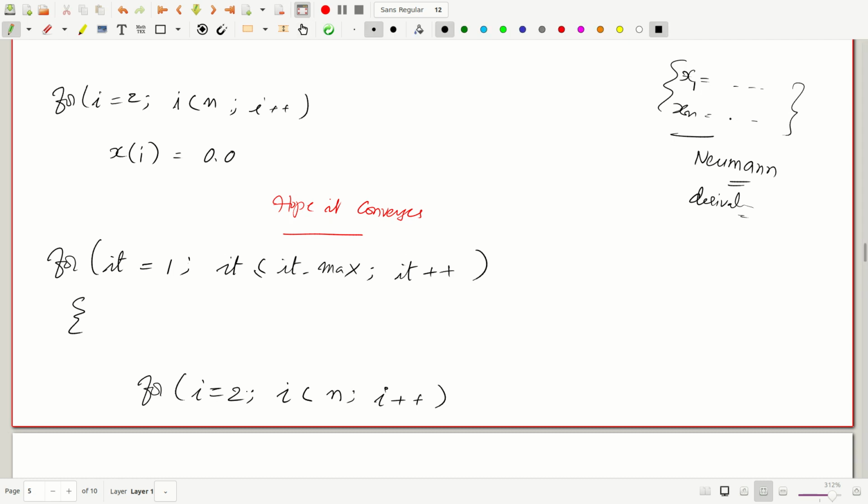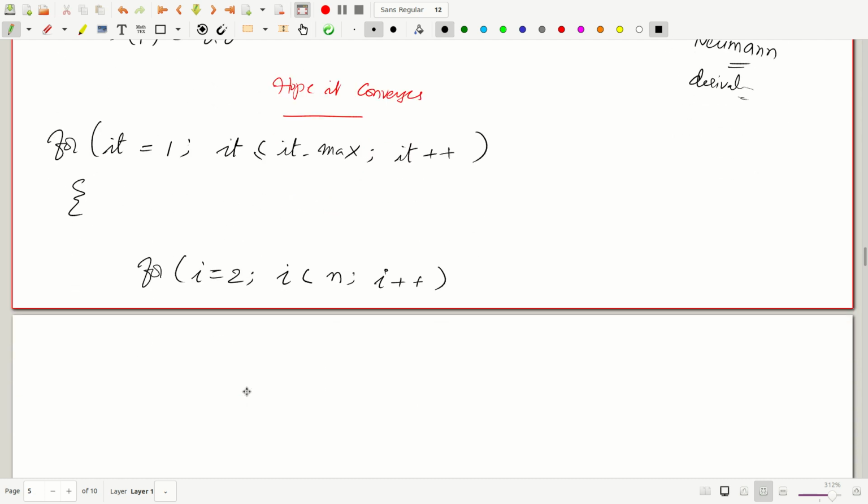Essentially the coefficient matrix will get enlarged to include 1 and n, depending on the boundary condition. But for now I consider that the problem given to us has both Dirichlet boundary conditions. As a result, we can work with the calculation of the solution only for the interior points, that is from 2 to n minus 1.